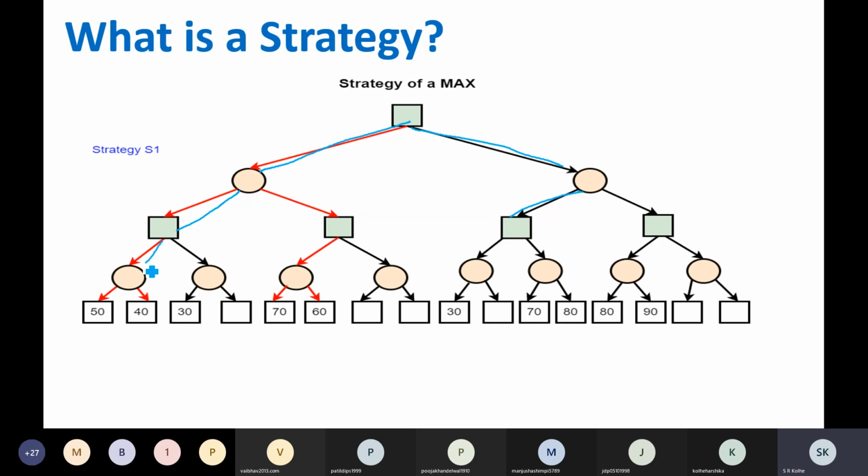At max node you select all, and at min node you select one. Simple.